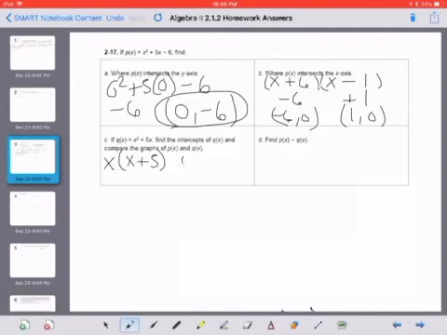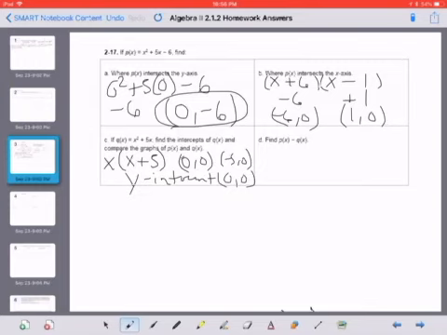So we know that the x-intercepts are at 0, 0 and at negative 5, 0. And then the y-intercept, if we plugged in 0 for x, we get 0, so the y-intercept is at 0, 0 as well. So if we compared it, we know that it's 6 units lower.